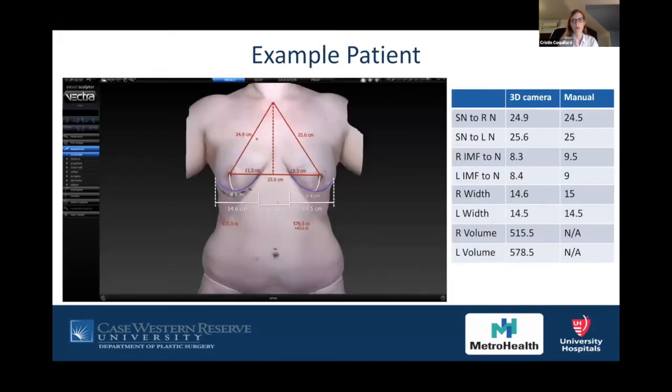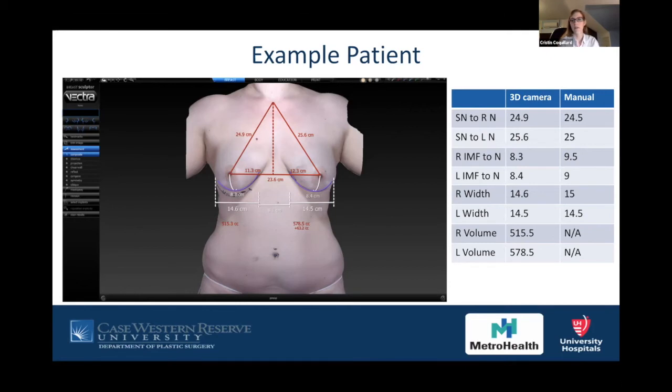So I wanted to include some photographs of example patients just to show how the measurements are taken. This is an actual screenshot on the left here of the Vectra software and one of our patients. So once you upload the image into the software and it's stitched into a 3D image, you actually just have to hit 2 buttons for this measurement screen to appear.